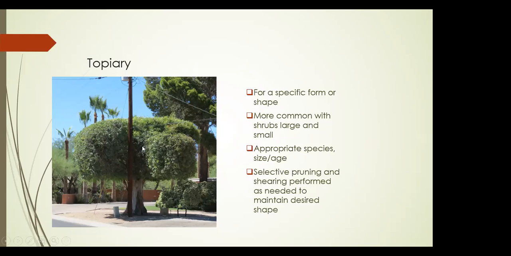So we have a process called selective pruning, where we open up portions of the outer canopy to let light in, so that the leaves inside can have some light. They can feed, and it actually improves the plant without being very unappetizing. Some people don't like to see things like this. They want a nice smooth surface, but these kinds of things are actually improving the longevity and the health of the trees.